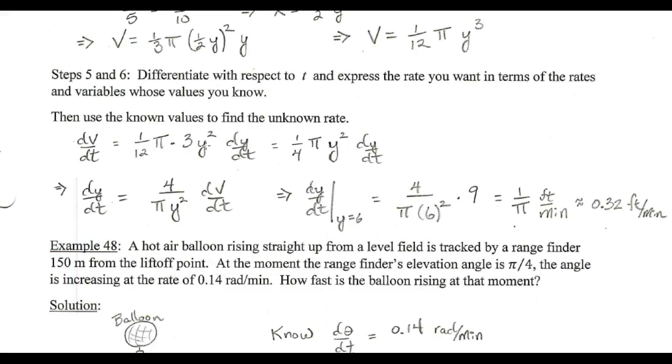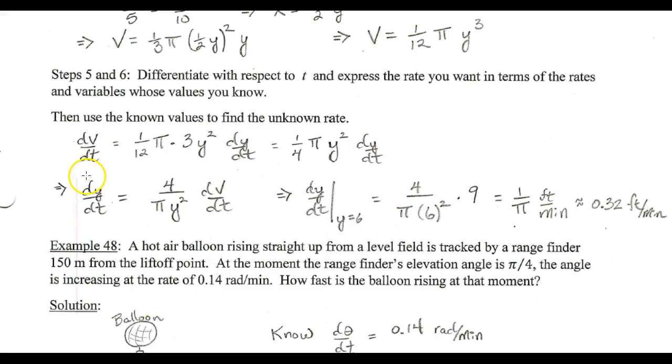So I first take the derivative of y cubed, thinking of y as an inside function. I have 3y squared, but now I have to take the derivative of the inside function y, and I don't know y, so I write it as dy/dt. I don't know the function. So that equals 1/4 pi y squared dy/dt after some simplification.